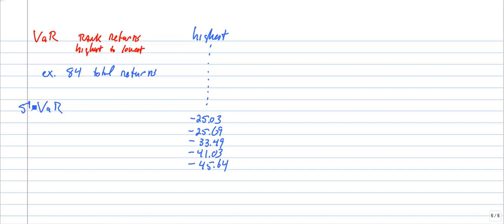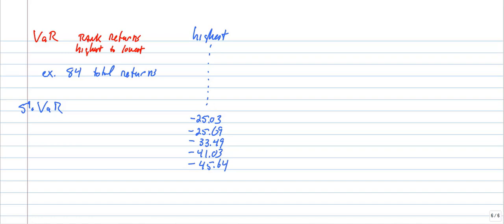Well, again, if we had exactly 100 returns, it would be easy, because we would count from the bottom and we go, there's the worst, and then we go 1, 2, 3, 4, 5. This would have been the 5th worst, and that would be our answer. But we don't have 100 returns, right?